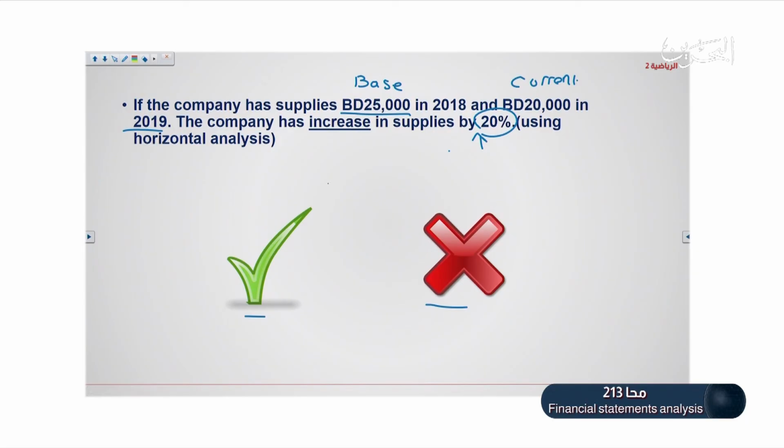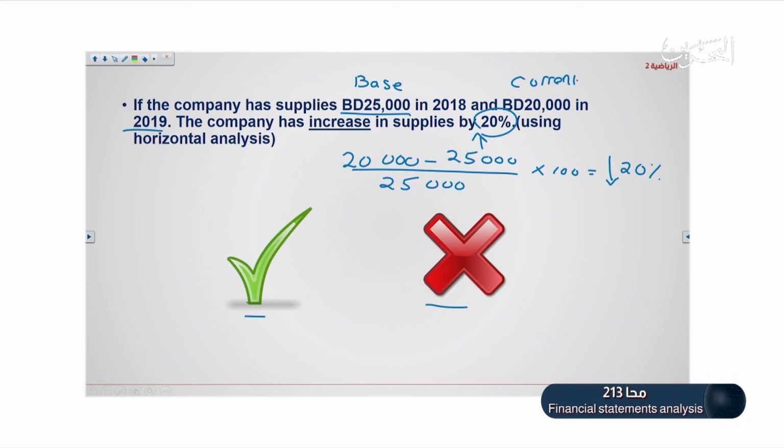Okay, the current year is 20,000 minus 25,000 over 25,000 multiplied by 100 equals 20%, but a decrease.